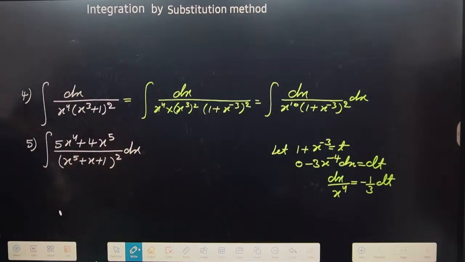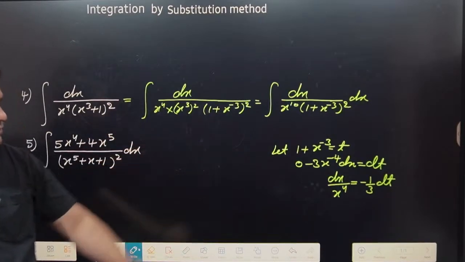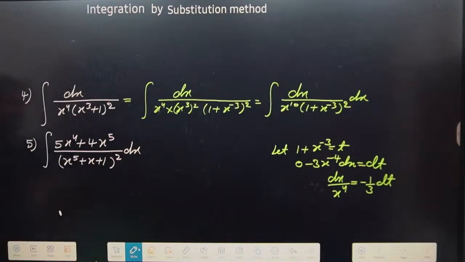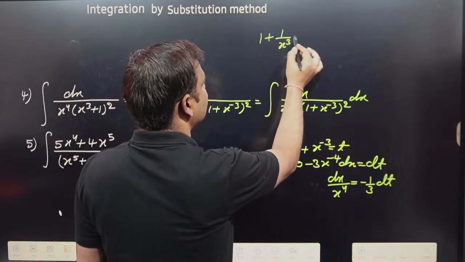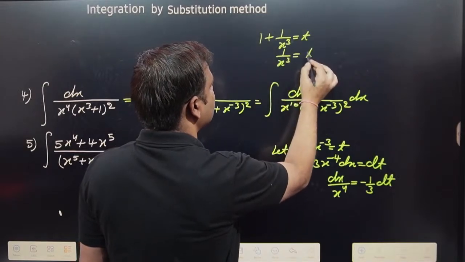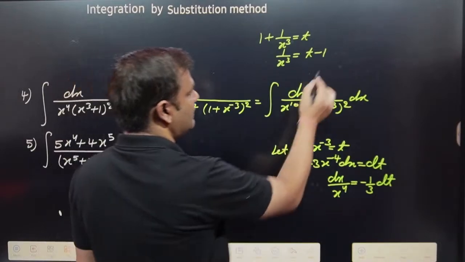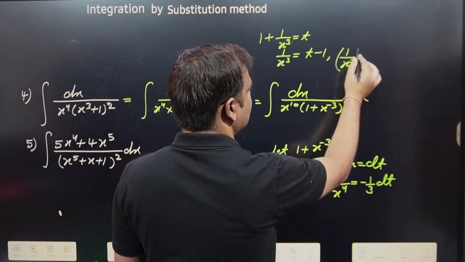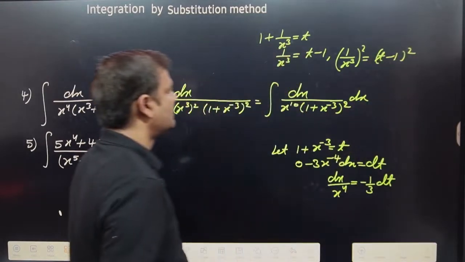Okay. So how can we do it? Look here very carefully. Here we have x to power 10, but dx divided by x to power 4. So how can we do it? Simply, 1 plus 1 by x cube is equal to t. So 1 by x cube is equal to t minus 1, and (1 by x cube) to the whole square is (t minus 1) to the whole square.